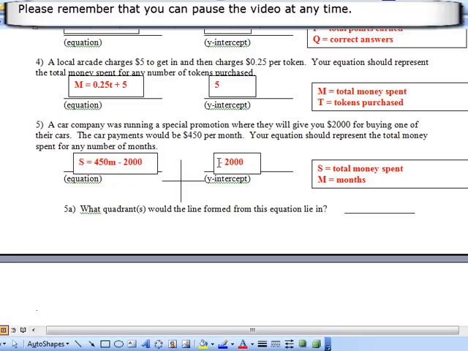So that means the line is going to cross the y-axis at negative 2,000. In our case, it's actually starting at the y-axis at negative 2,000. And then the money I spend is just going to continue to grow from this negative 2,000 spot.